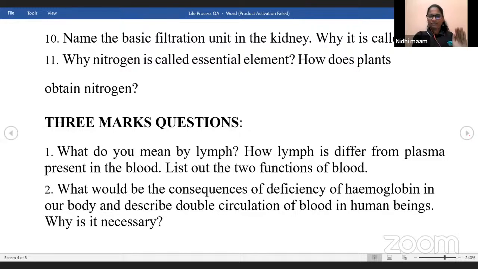Just now we explained the previous question, that question is the answer for this. The question was based on which structural and functional unit? The structural and functional unit of the kidney is called what?